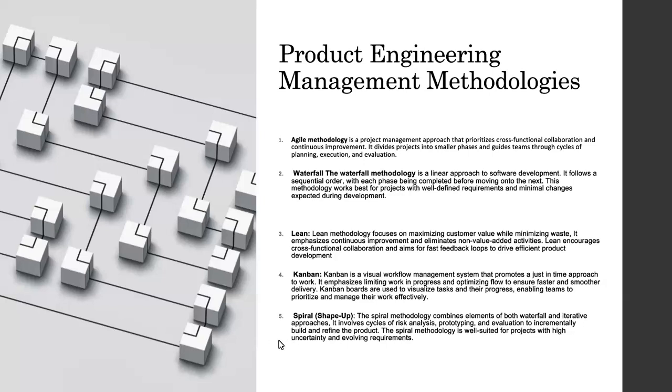Then we have the spiral methodology. The spiral methodology combines elements of both waterfall and iterative approaches. This involves cycles of risk analysis, prototyping, and evaluation to incrementally build and refine the product.